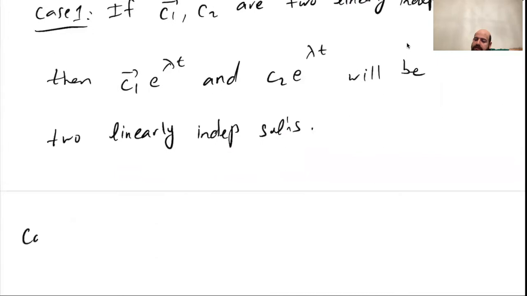And case 2, if let's say this eigenvalue has only one linearly independent eigenvector.